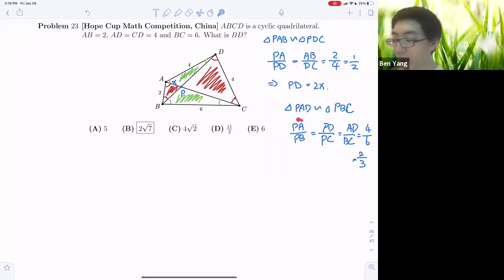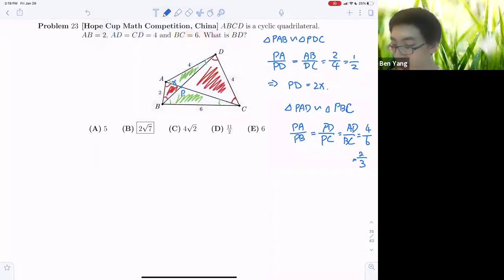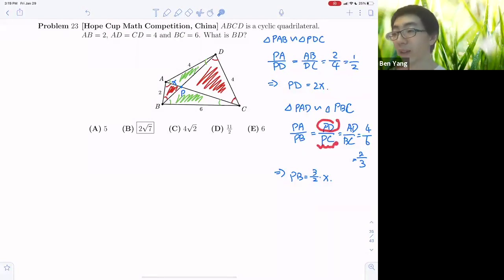Since we know PA is equal to X, then PB should be equal to 3/2 times X. And we also know that PD is 2X. That means PC must be equal to 3X.